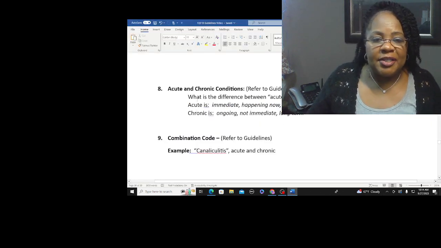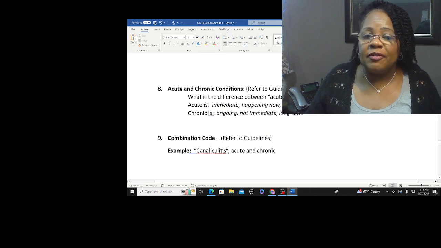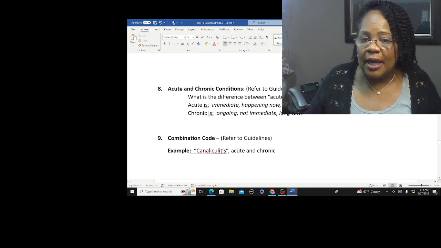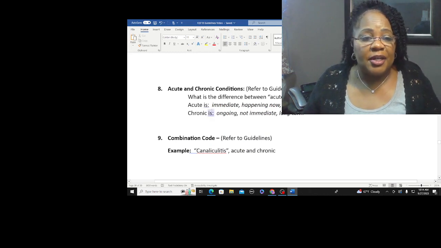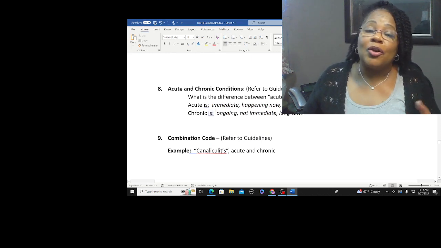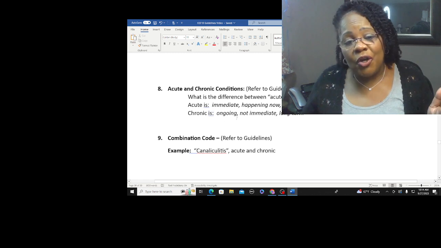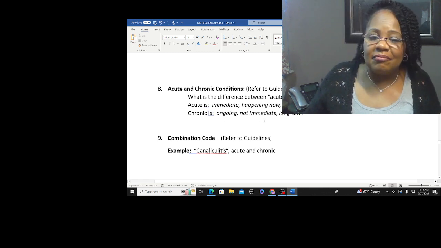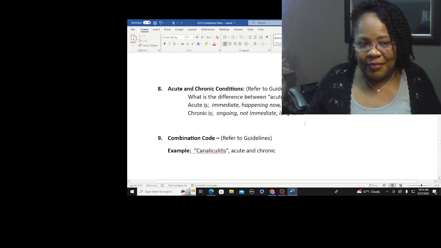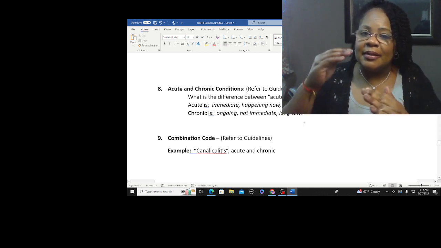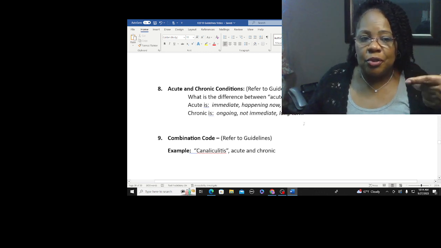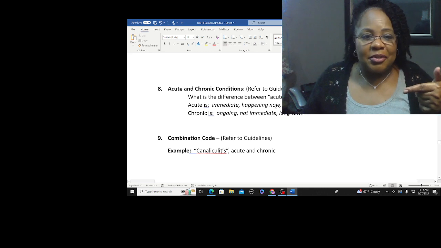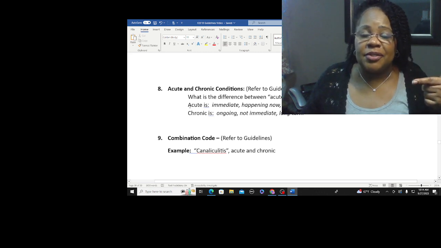So first thing I ask you here is, what is the difference between acute and chronic? We know that acute is immediate. It's happening now. It's urgent. Where chronic is ongoing. It's not immediate. It's usually long-term. So if you know the difference between the specificities with the two, acute and chronic, then you can understand putting acute conditions first.